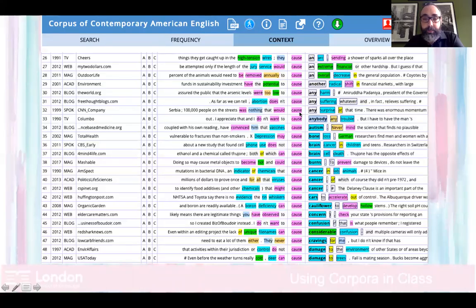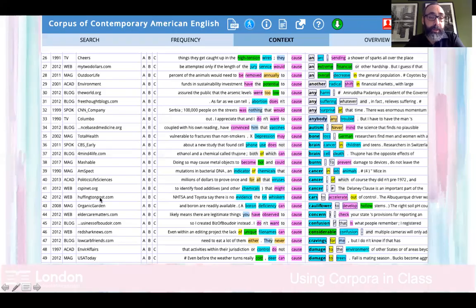Cause here in the middle, and as you see, for example, the modal verbs appear in this pink color, I guess it's pink, or this blue one with nouns, or yellow for prepositions. So it's very visual, and you immediately can see what kind of words this word goes with.